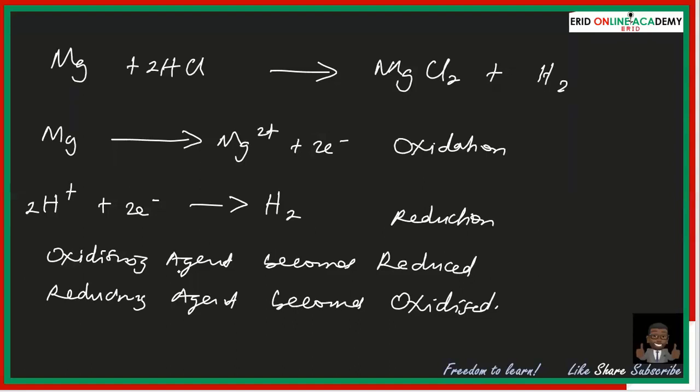So therefore, an oxidizing agent causes oxidation to happen. So when you say oxidizing agent, we're not saying that itself is being oxidized. No. Oxidizing agent causes something else to be oxidized, but in the process, itself becomes reduced.